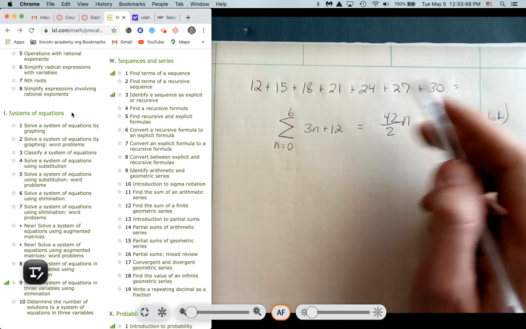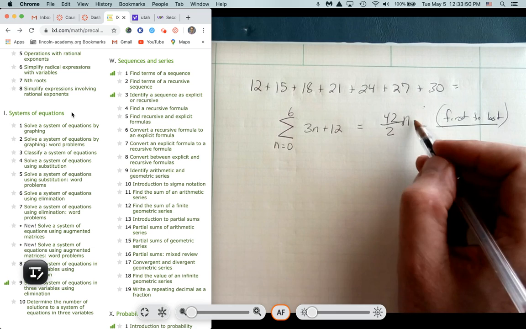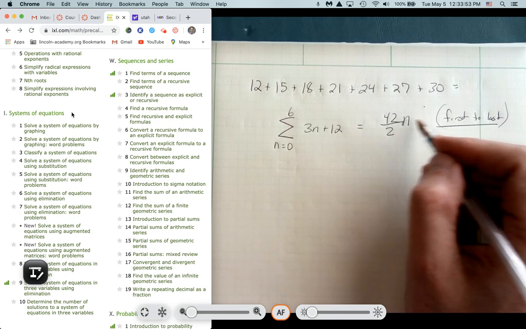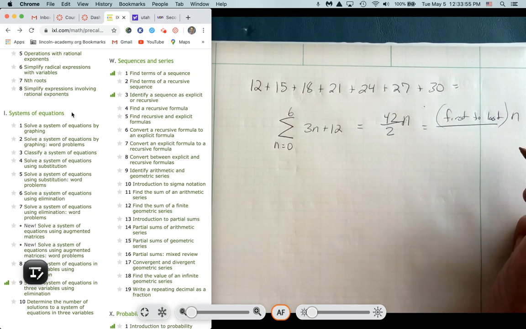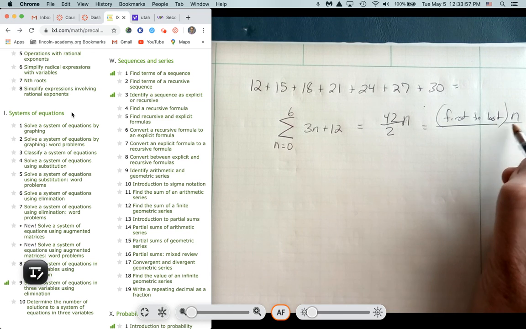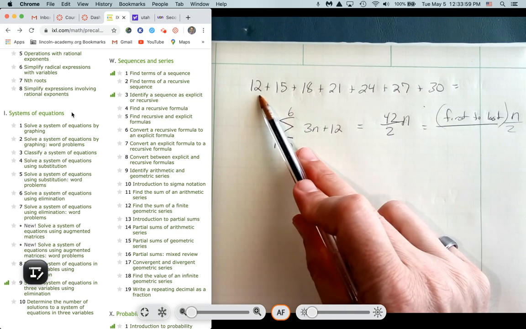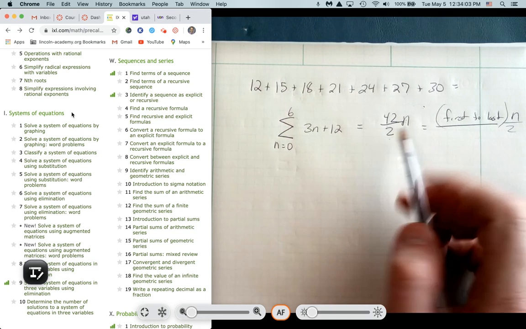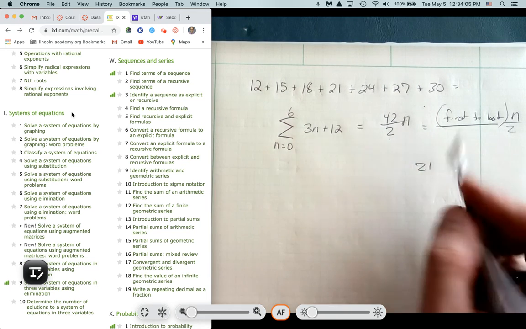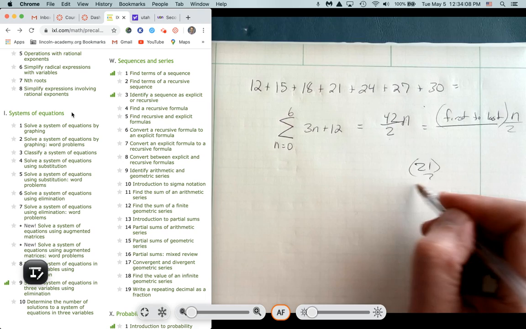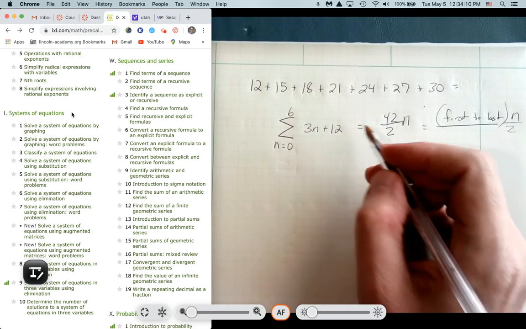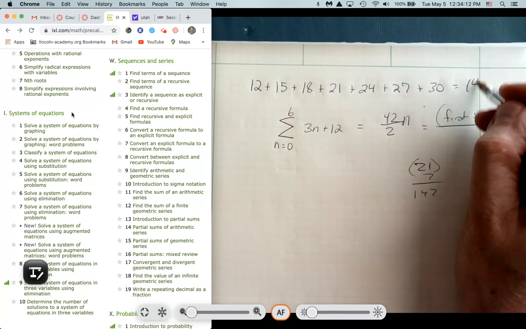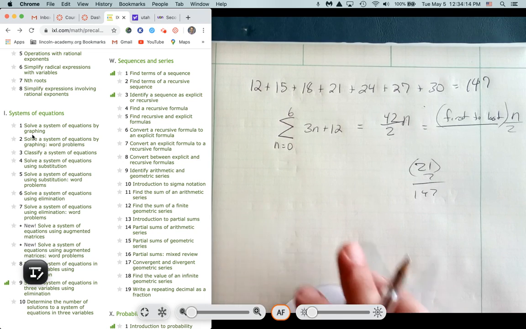So if there were 7 terms, I'd multiply by 7. Divided by 2. So 30 plus 12 is 42. 42 divided by 2 is 21. There were 7 terms, so I multiply that by 7, and I get 147 as the sum of this sequence.